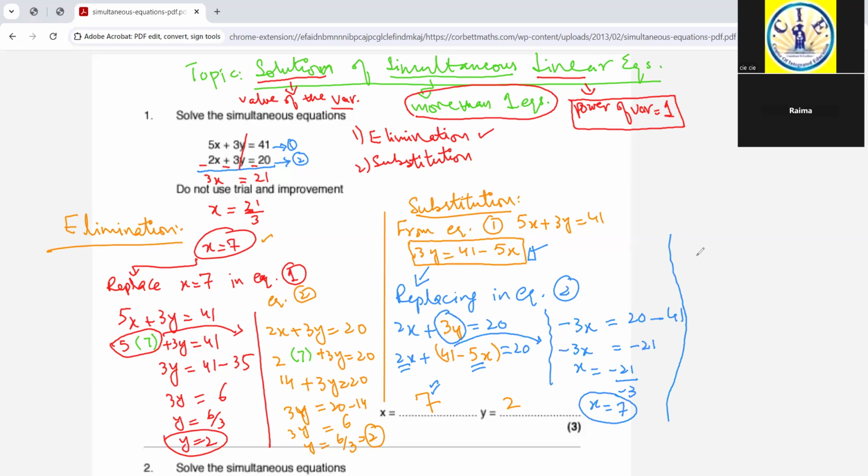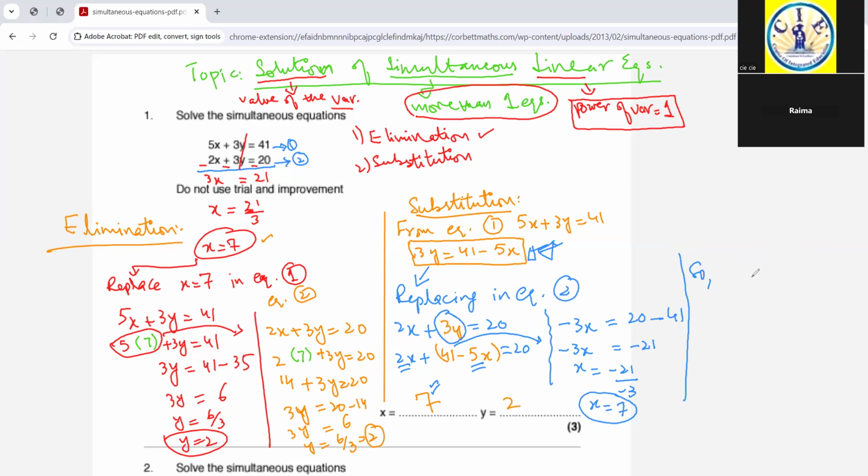So if I do it replacing in equation number 1, or instead of replacing it in equation 1, the simpler way is that we can replace this value into this expression, this one.